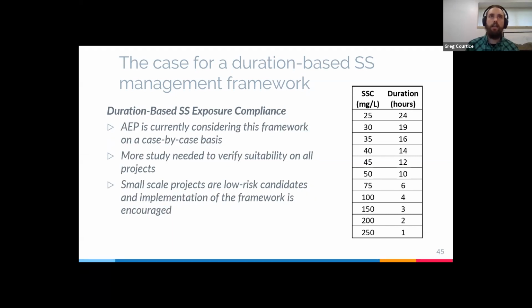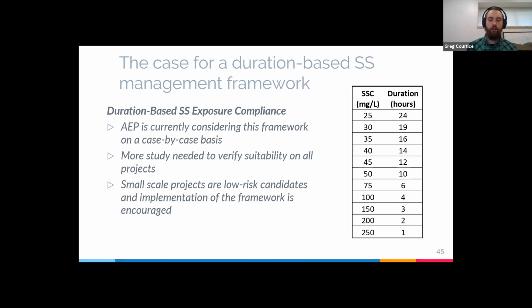So as I said, AEP is currently considering this on a case-by-case basis. A lot of the justification I found that they've used to allow higher risk projects to incorporate this is based on the fact that research is getting done to better understand this for possibly more widespread adoption of this framework. There is more study needed to verify that this is going to work for all projects, especially high risk projects.